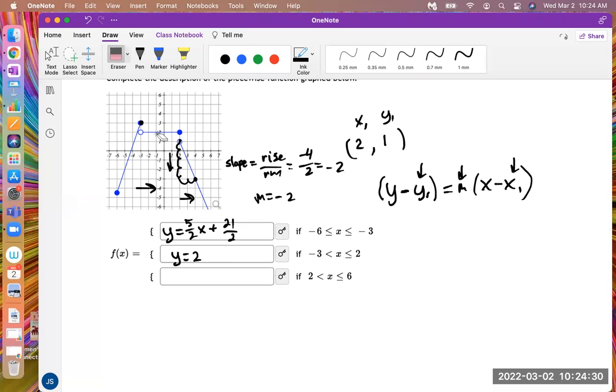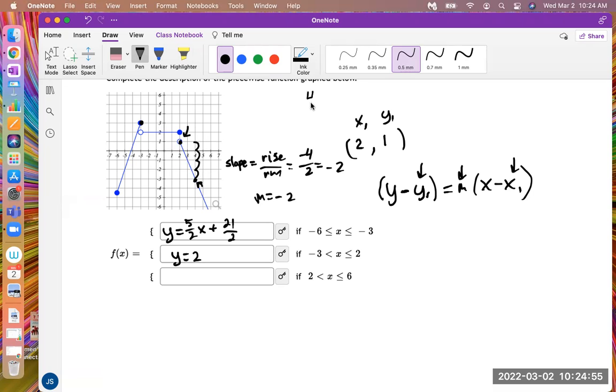One thing I did want to mention with slope: you've calculated the slope by starting at this point and going to this point. Would I have gotten a different slope if I started with this point and traveled to that point? Let's do that. Let's go 1, 2, 3, 4 spaces up.